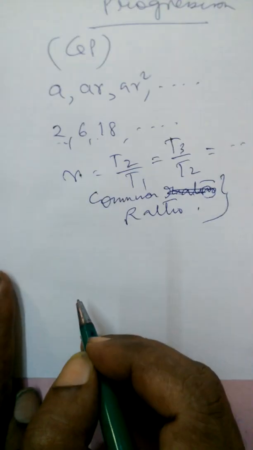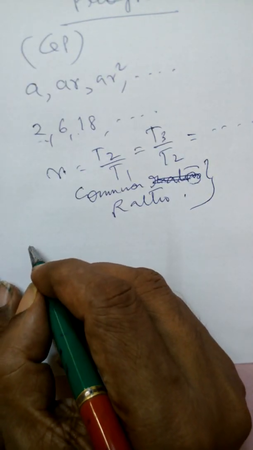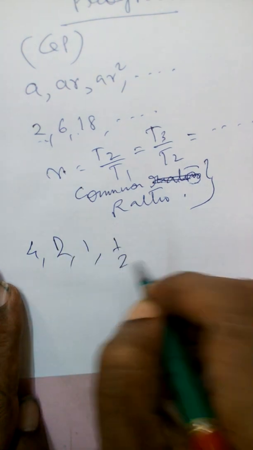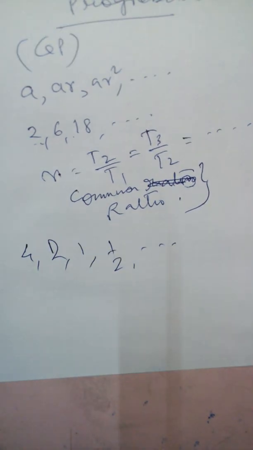There are some cases like 4, then 2, then 1, then half. In this case, if you watch the sequence, it is getting divided by 2. 4 by 2 is 2, 2 by 1 is 2, 1 by 2 is half. In this way we get the pattern or progression. So what we require is how to find any particular term.